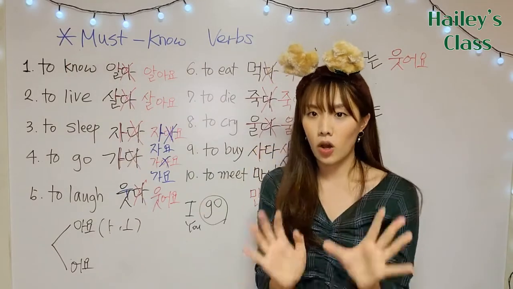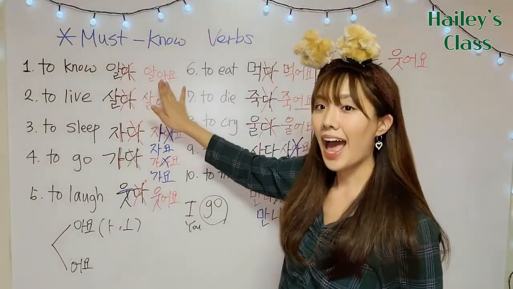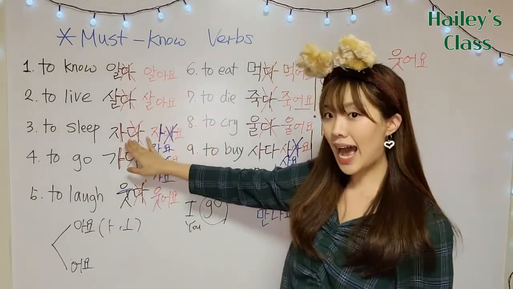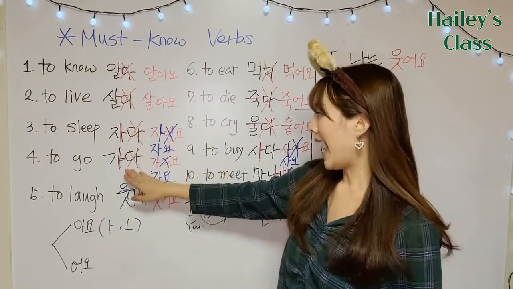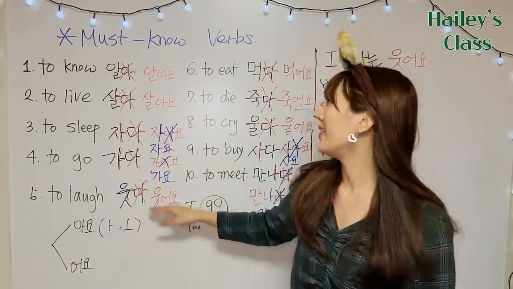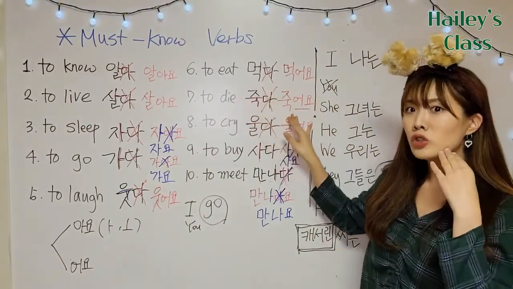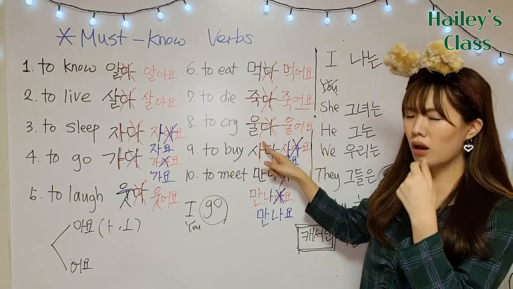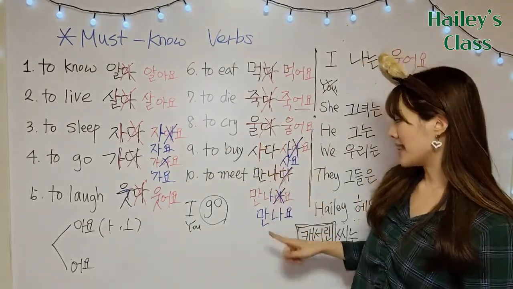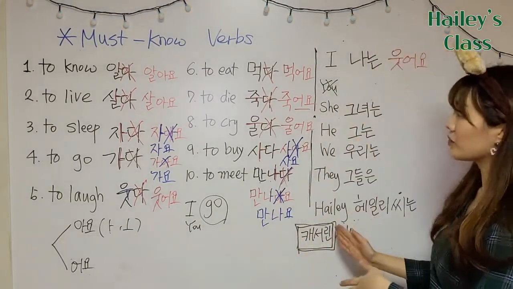Let's pronounce it all together. So let's start. 알다, 알아요. 살다, 살아요. 자다, 자요. 가다, 가요. 웃다, 웃어요. 먹다, 먹어요. 죽다, 죽어요. 울다, 울어요. 사다, 사요. 만나다, 만나요. So let's make sentences with these, right?